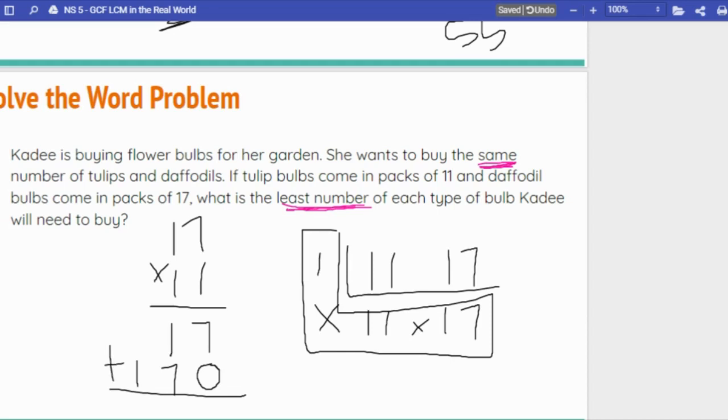So 7 plus 0, 7. 1 plus 7, 8. And 1 plus nothing is 1. So we have 187 right now. And what is the least number of each type of bulb Katie will need to buy? Well, she has to buy at least 187 of each bulb so that she has the same number of tulips and daffodils.